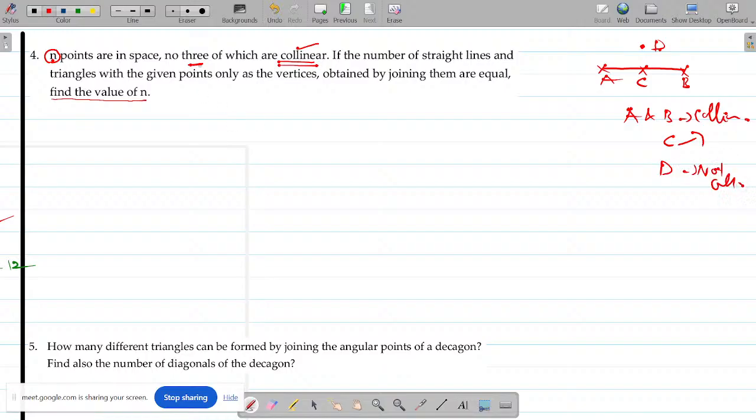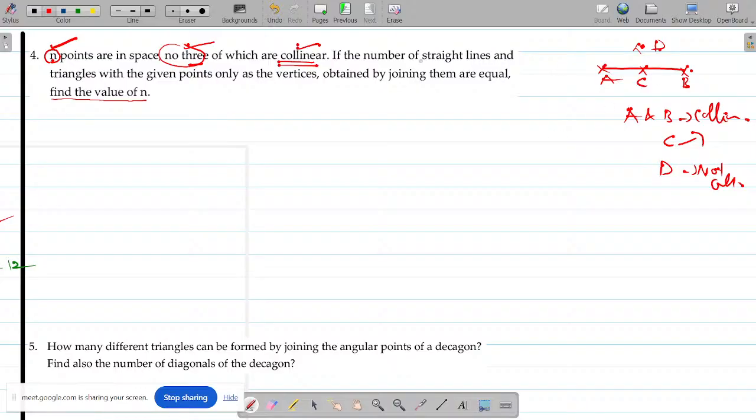Here they say that no three of which are collinear, which means if I take 3 points, it will be like A, B and D. It will not be C. No three of which are collinear: if you take any 3 points out of the n points, you will not find that all 3 fall on a line.